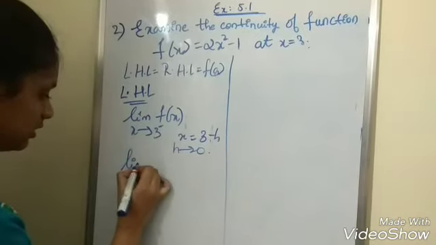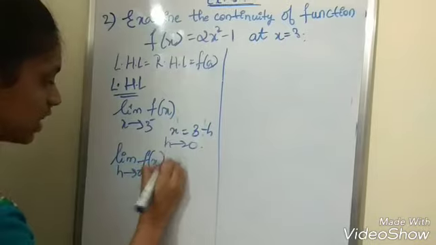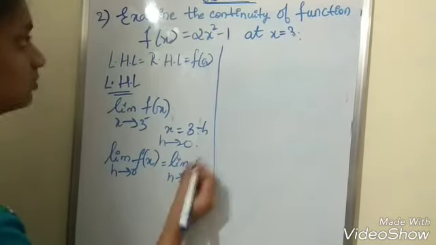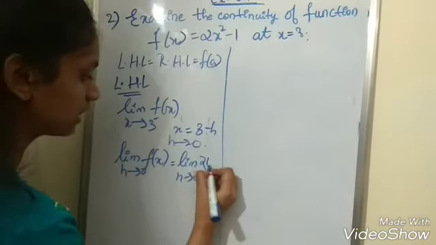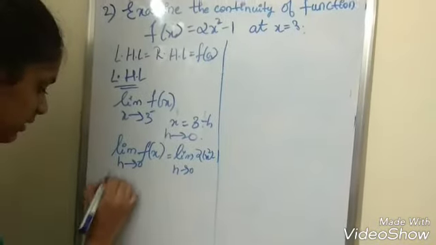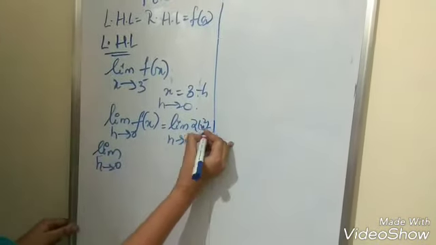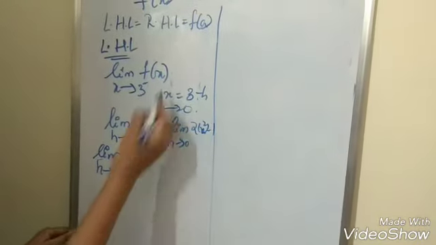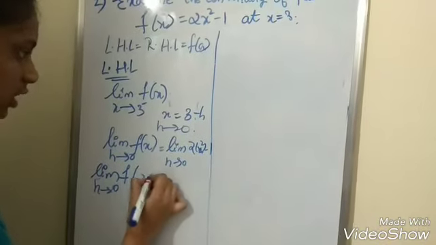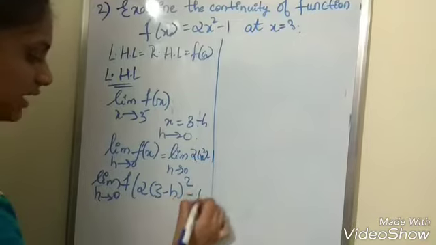Then limit h tends to 0 of f of x, which is equal to limit h tends to 0 of 2x square minus 1. Now the x value we have taken as 3 minus h. So f is 2 into (3 minus h) whole square minus 1.